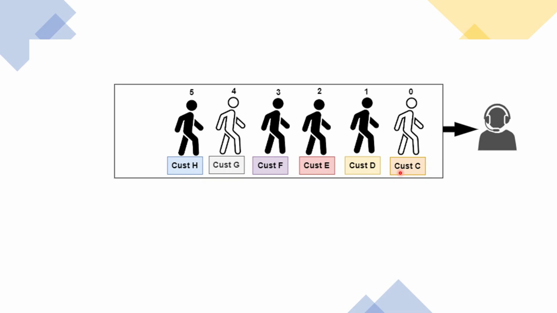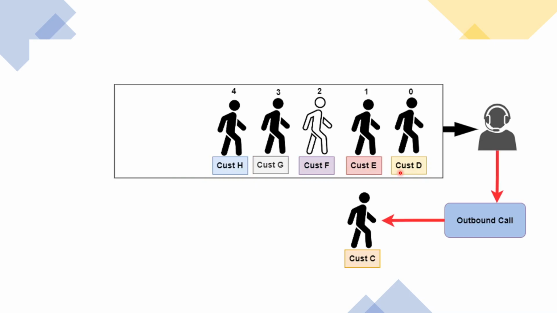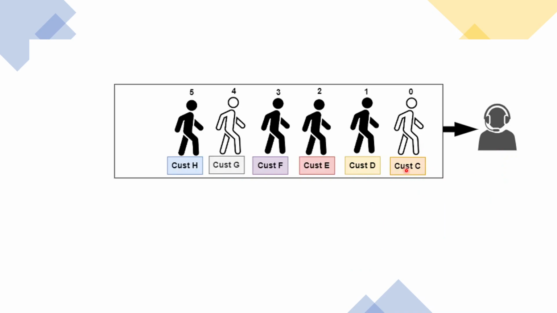Still, the customer is not in the call or in the queue, but he's going to get the call next. Once the agent has assisted customer B, he will be the next customer to be assisted. On the previous slide, you can see that customer C is virtually there, but he's doing some other work.